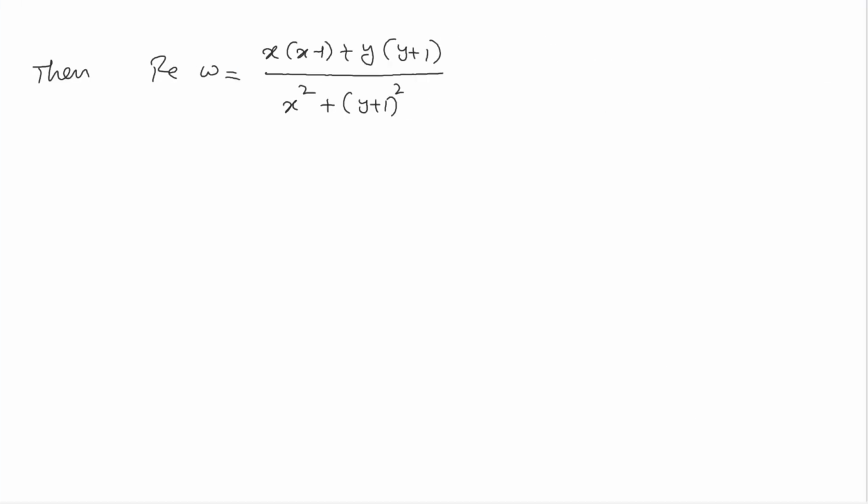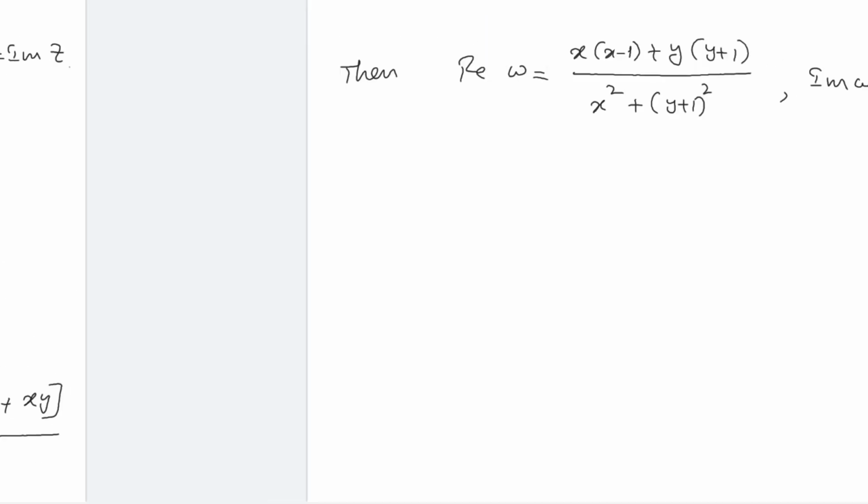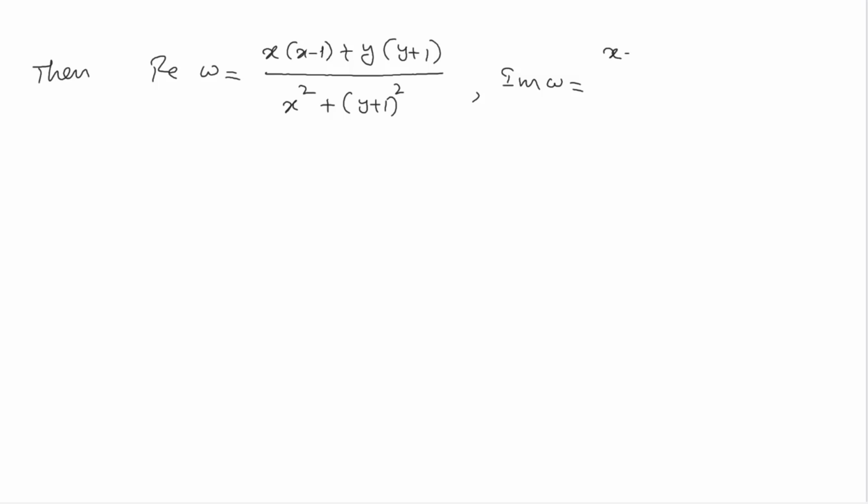And imaginary part of w as (x minus 1) times (y plus 1) plus xy divided by x square plus (y plus 1) whole square.